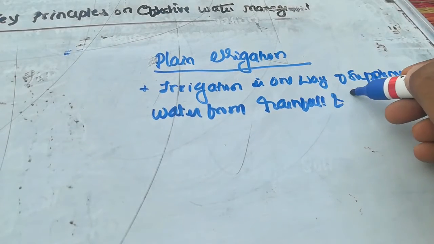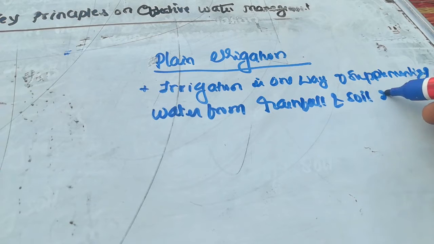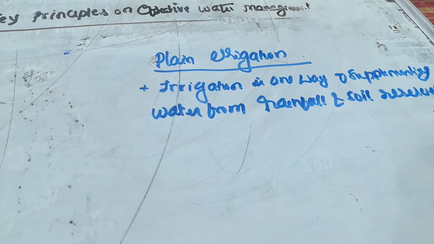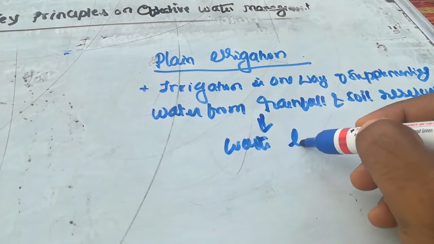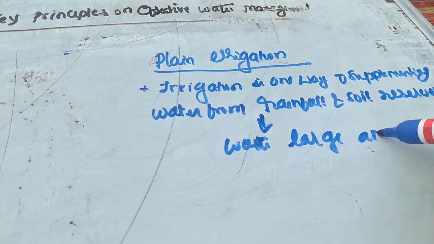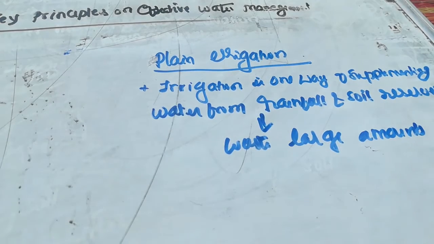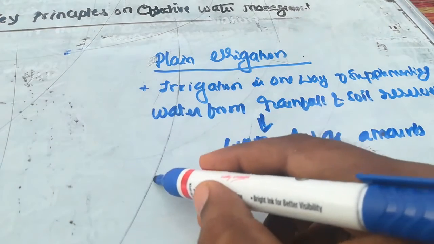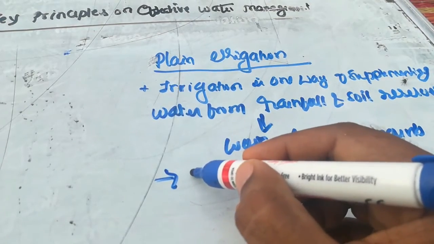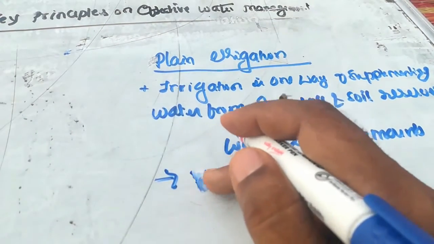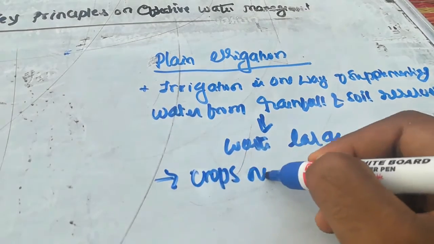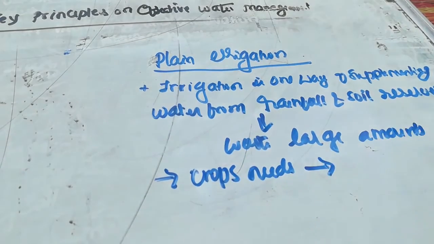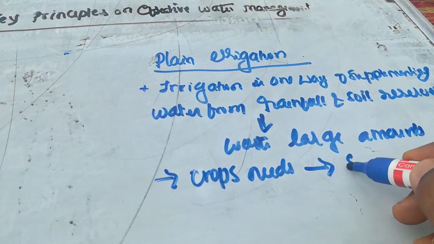But it can waste large amounts of water, because we may supply water when it is not needed. Only when the root or the crop needs it should we supply water.